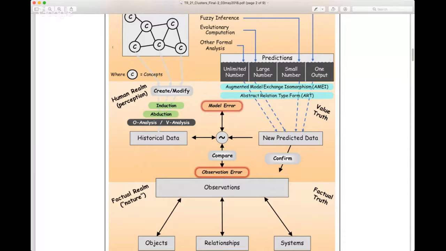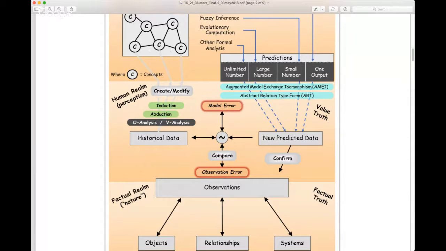You're making that transition, then you're going from, okay, this is kind of value truth to formal truth. And then when you come back, you say, okay, now I have formal truth. How does that match my reality? How does that match my value system?